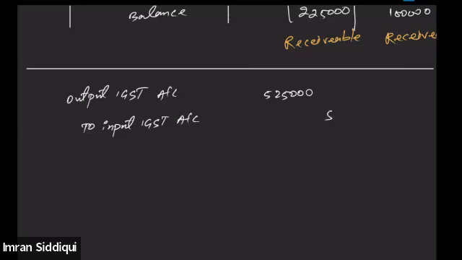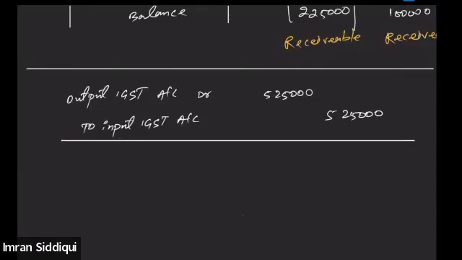So the entry will be output IGST account debited by 5,25,000 to input IGST account 5,25,000. Okay, and you can write down the narration on your own. I believe that we are adjusting input IGST with the output IGST to the extent of 5,25,000 only.